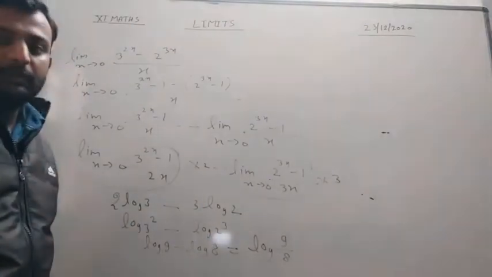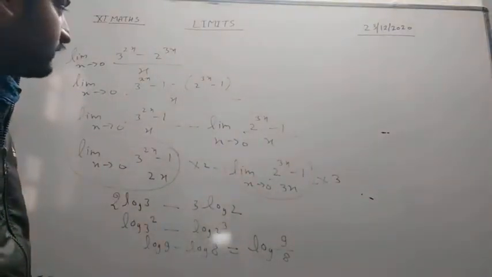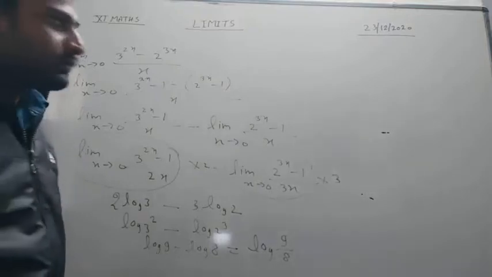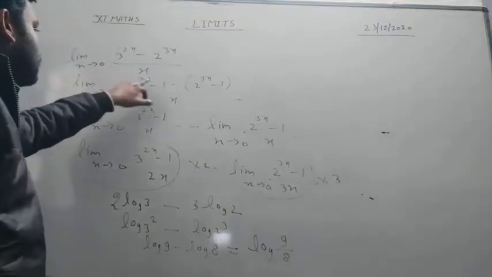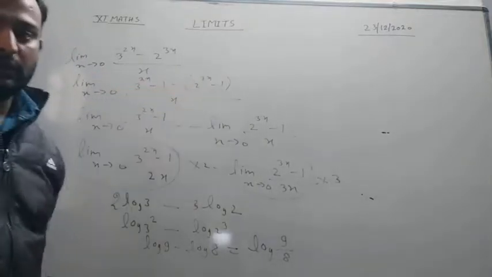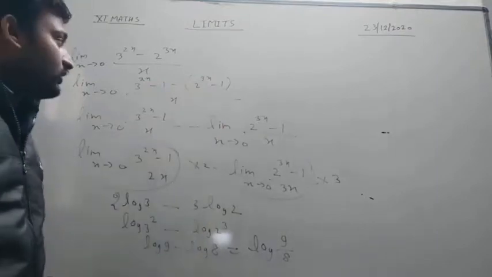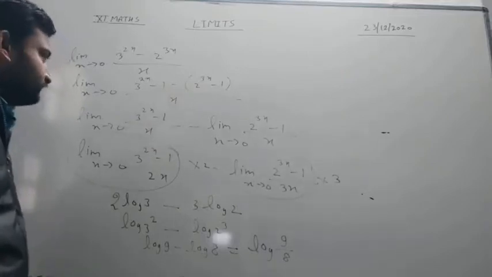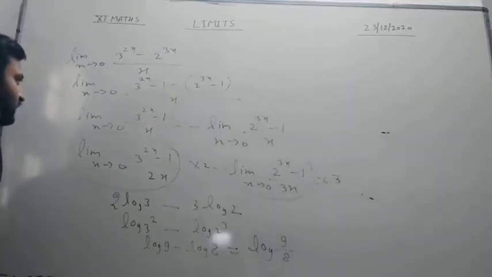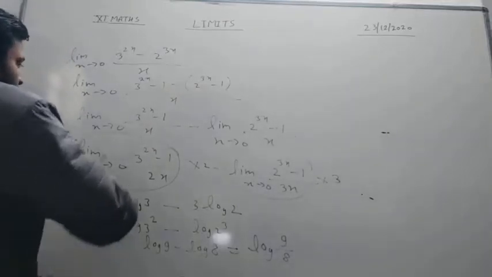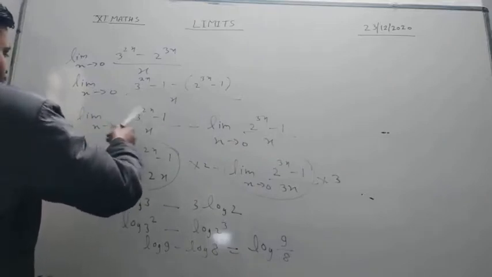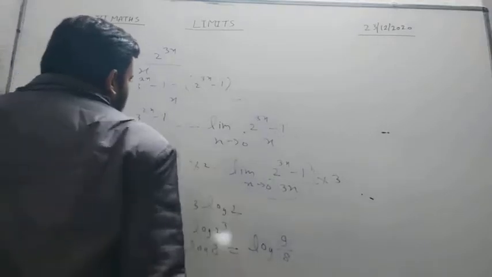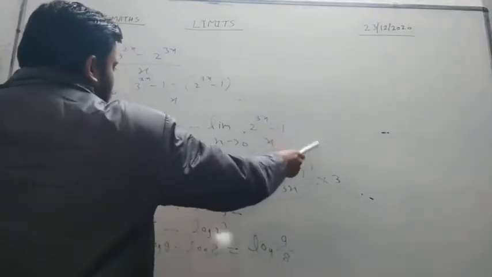So what we have done in this question, let's say this question was also like the previous question, and in this question we first subtract 1 and add 1, taking the negative sign outside, so the sign will be changed, and divided by x. Now student, we are separating it with limit x tends to 0, 3 to the power 2x minus 1 by x, minus limit x tends to 0, 2 to the power 3x minus 1 by x.